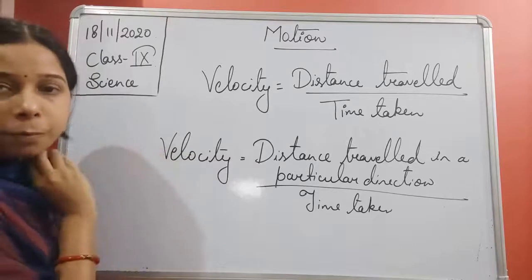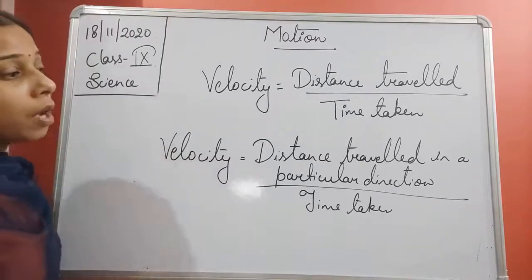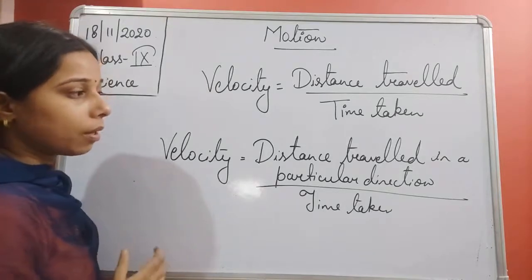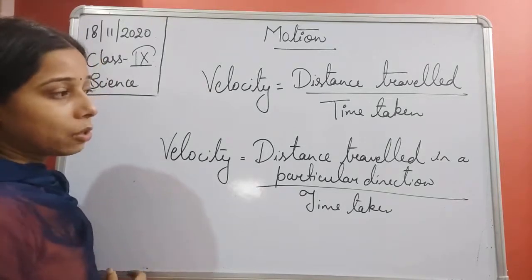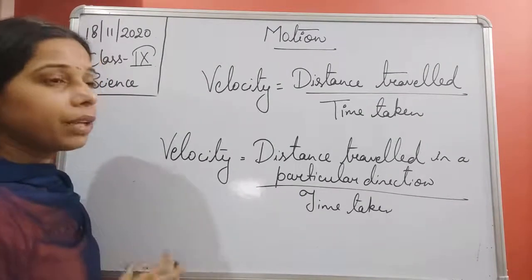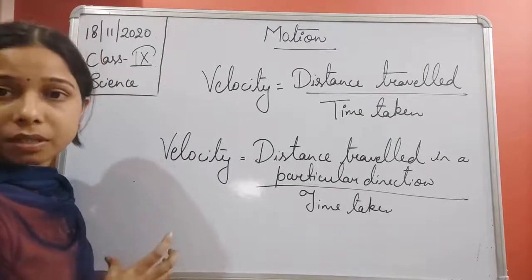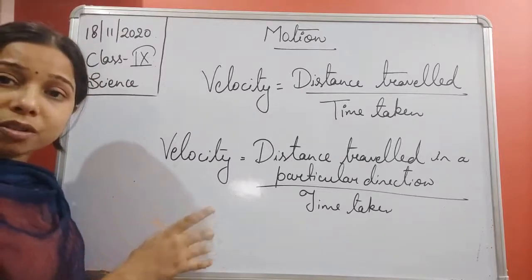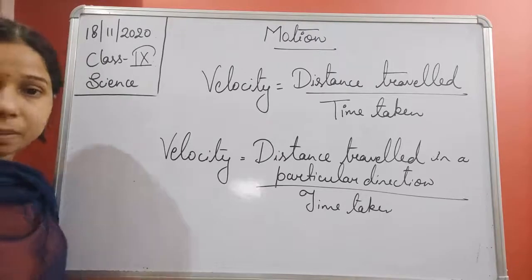We also know, students, that when we talk about distance traveled in a particular direction, actually we are talking about displacement, because you know that the distance traveled in a particular direction defines the displacement.